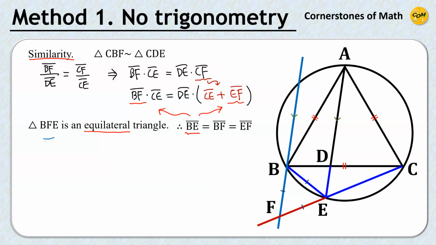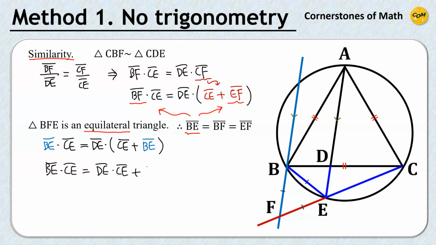Then we have now BE times CE equals DE times (CE plus BE). So we have BE times CE equals DE times CE plus DE times BE.